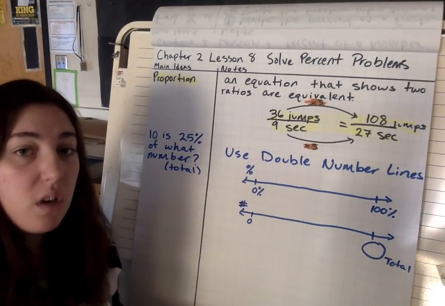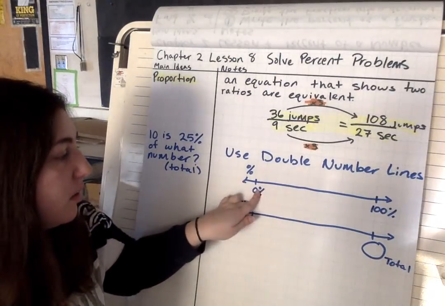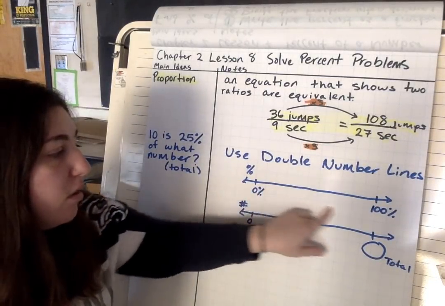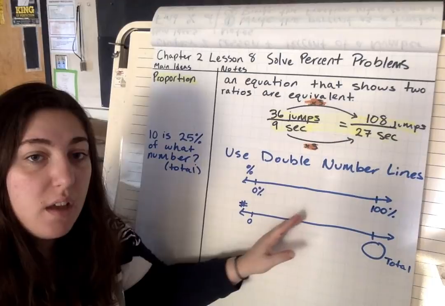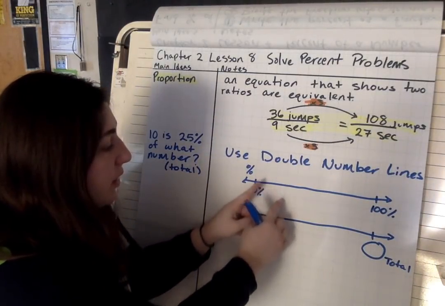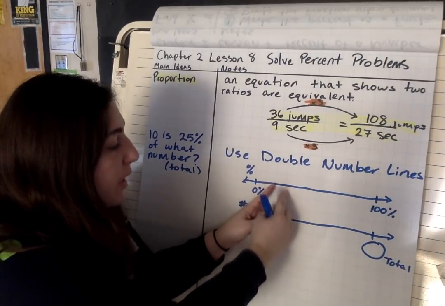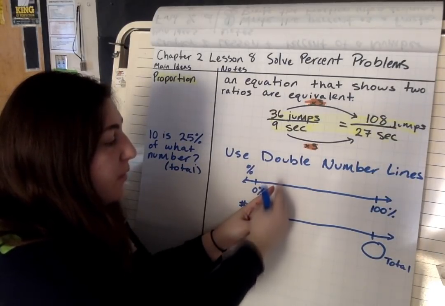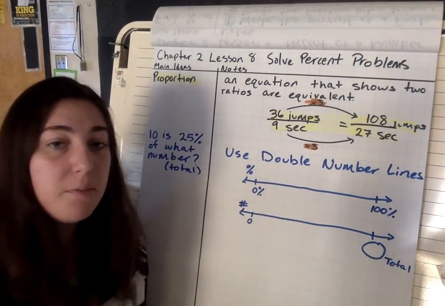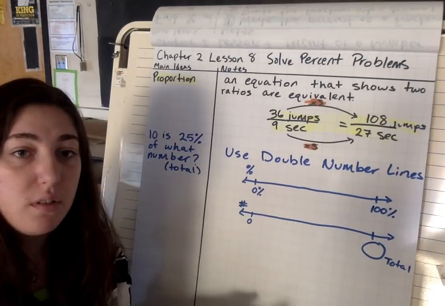So you have to determine what to count by. You could count by tens, okay? So count from 0 to 100 by tens. If this was 10 and 20, and this is 20 and 30, you would know 25% is right in the middle over there. You could also count by 25s, okay?